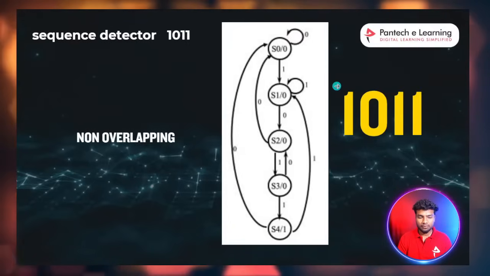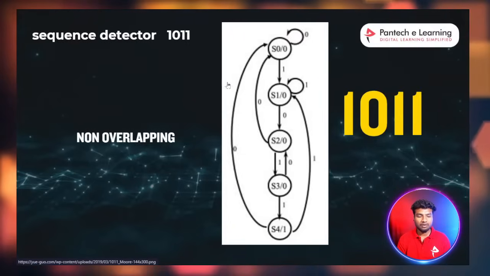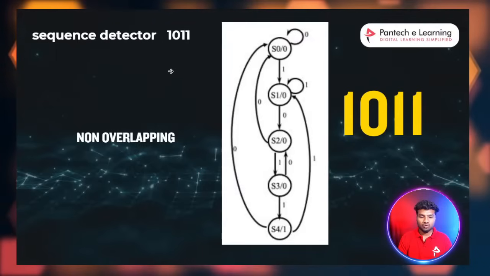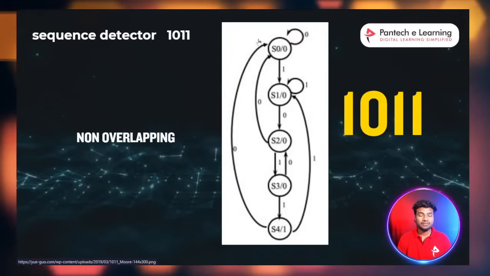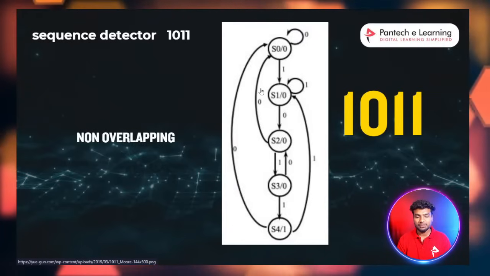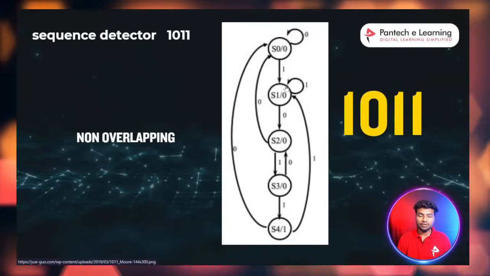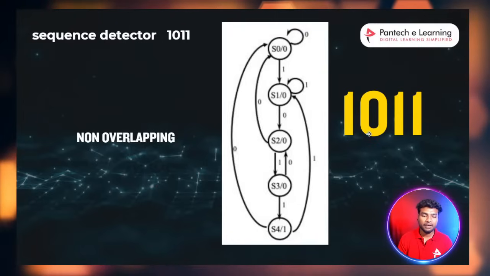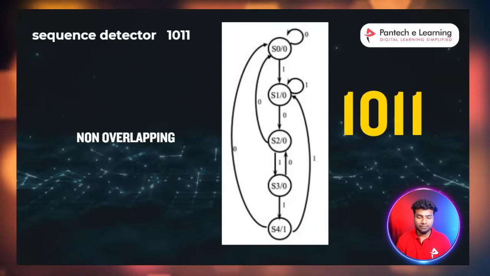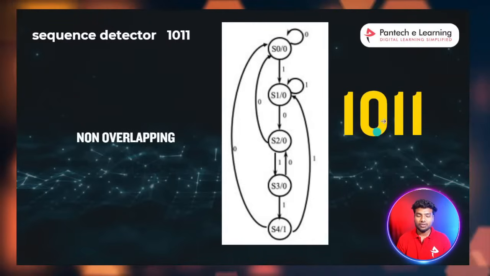So this is an example of overlapping of Mealy type. You can see here one FSM state diagram. I hope it's clear and visible for you. I want to detect this sequence 1011. While drawing the FSM diagram for a Mealy machine, you have to follow a rule.